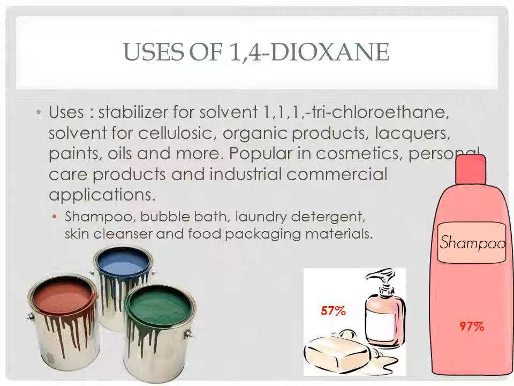From a study conducted by the U.S. Food and Drug Administration, it was found that this chemical was in about 97% of hair relaxers like shampoo, 57% of baby soaps, and 22% of all skin products. Along with that, it's also used for many other industrial purposes, such as a stabilizer for the solvent 1,1,1-trichloroethane, and it serves as a solvent for cellulosic organic products, paints, oils, and more.